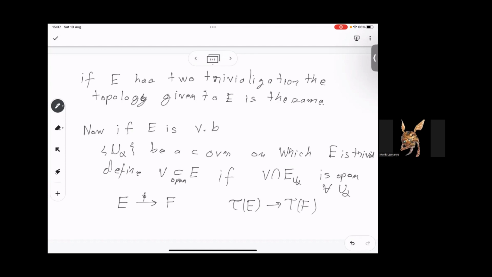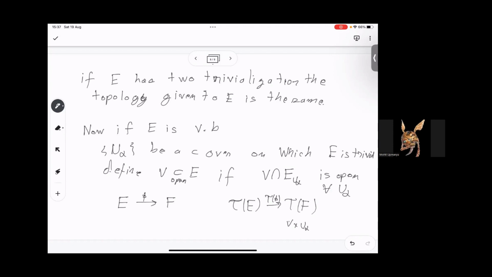So if we ask that this is continuous, to check continuity, we'll be forced to look at it locally. But locally, an example of an open set, as defined here, would be just some trivialization U alpha cross V, and similarly. But for trivial vector bundles, we know that this mapping is continuous.